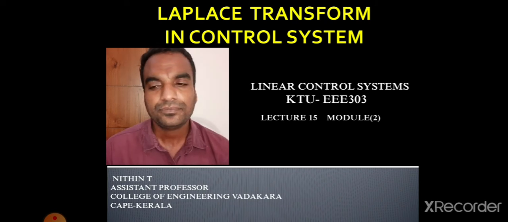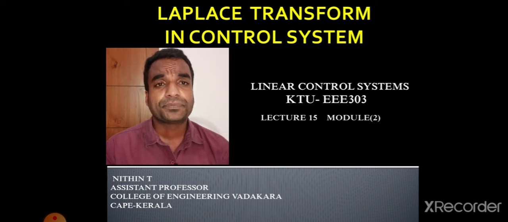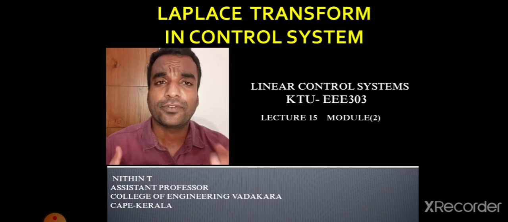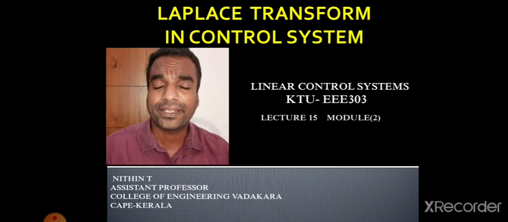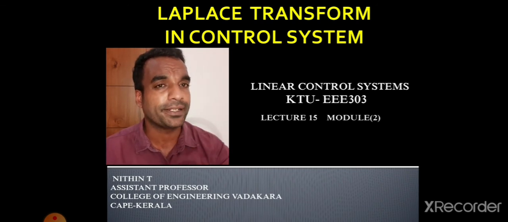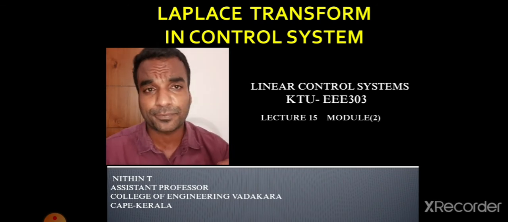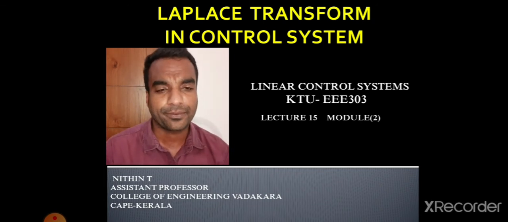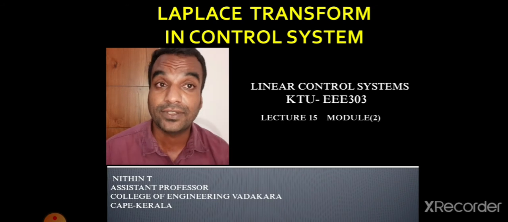Okay, like that. So, after obtaining the C of s, we want to convert it back to time domain for obtaining the time response. C of s is the response in frequency domain. If we want the time response, we want to convert that back to time domain. For that conversion, we need inverse Laplace transform.